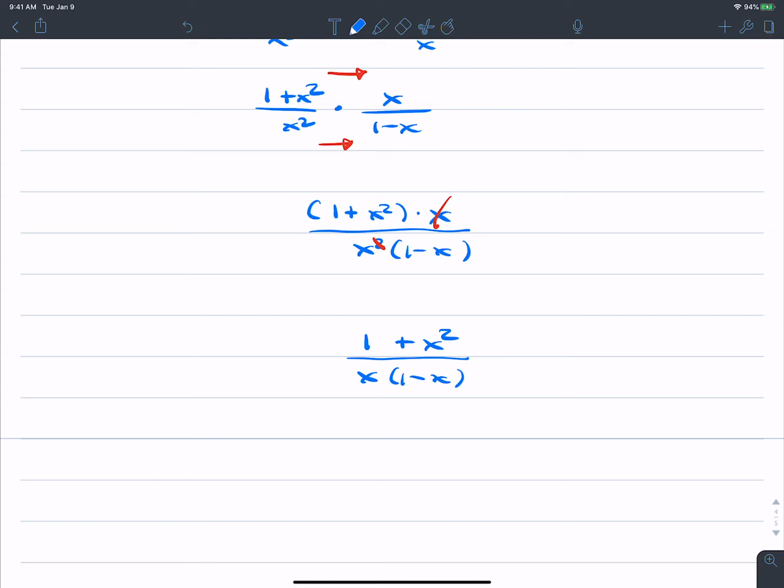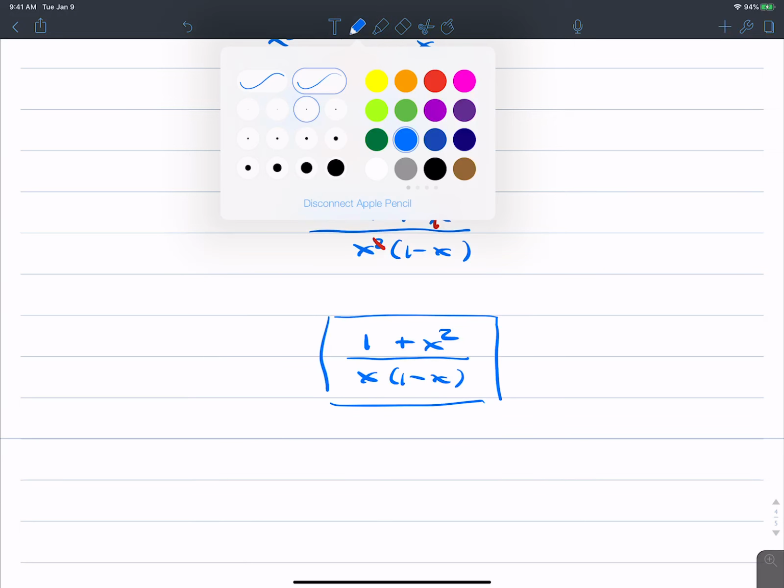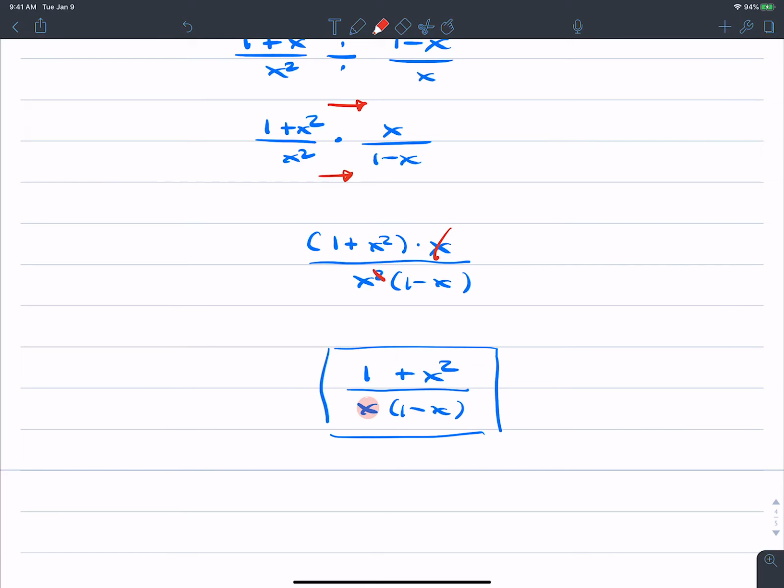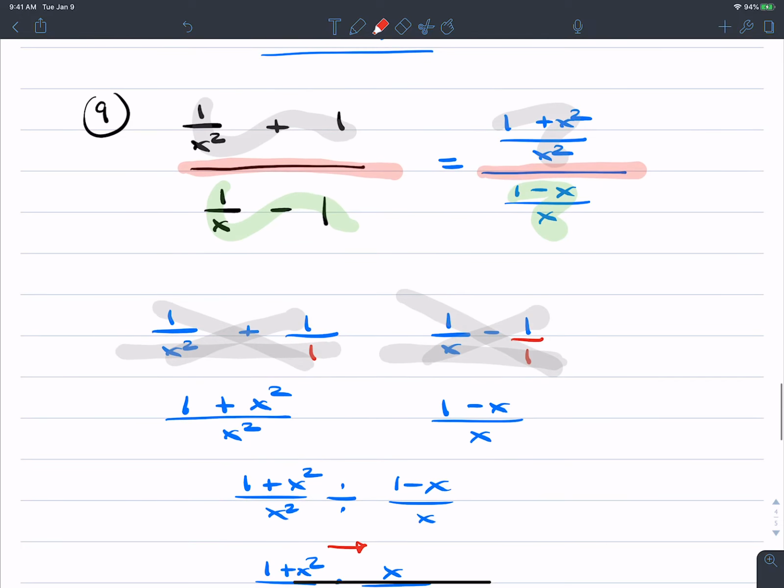And you have no further cancellation. So you are done here. This is a simplified answer. Nothing cancels. People think that this x here and this x will cancel, and it doesn't because you have arithmetic. So that can't be done. This is number 9.